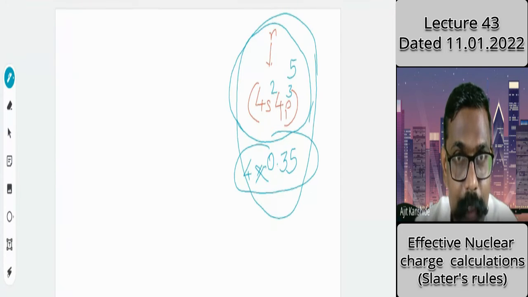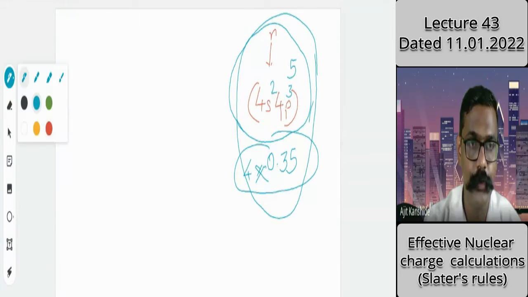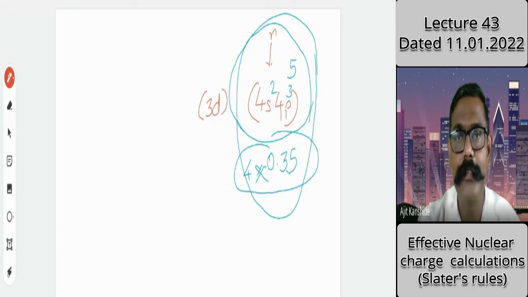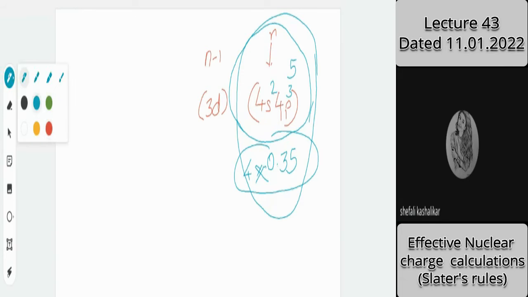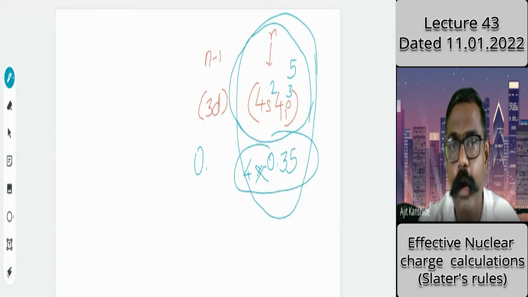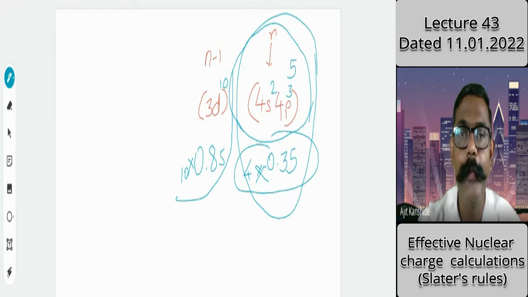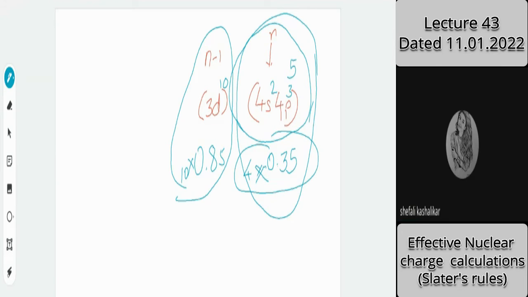Could you understand? The n-1 group is our 3d group. What will be the contribution? 0.85. Each electron will contribute 0.85. Suppose 10 electrons are there, then 10 into 0.85 will be the contribution. Is it clear?